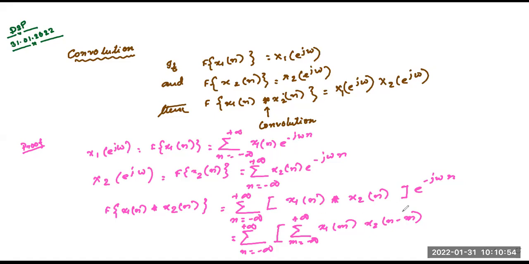So this is the summation, that is the convolution into e to the power minus jωn. So if I omit the summation, then what will I get? I am going to the next page. Just a minute.